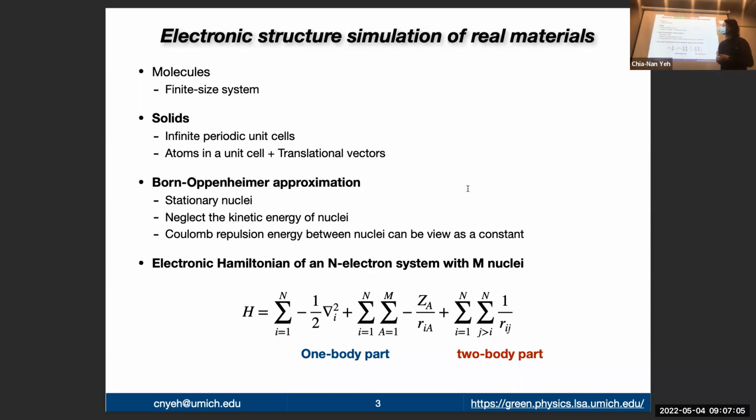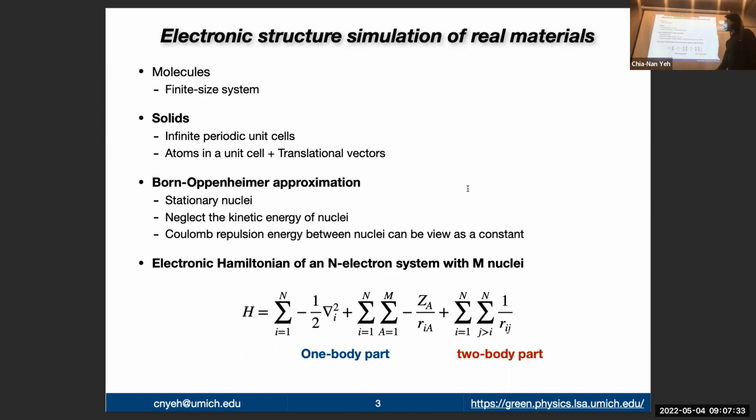For a solid, you assume the isolated atoms or molecule get repeated along 3 directions or 2 directions, either 3D or 2D. So you have this infinite periodic unit cell. Then what defines your system is the atoms in a unit cell as well as the translational vectors describing how your unit cell repeats.